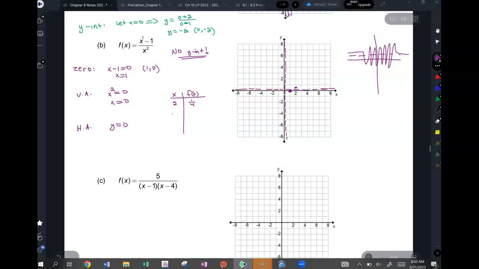What about when x equals 3? We get 2/9, right? Is 2/9 bigger or smaller than 1/4? Smaller, so now it goes back down. Okay, what about when x equals 4? We get 3/16. That's even closer to 0. All right?